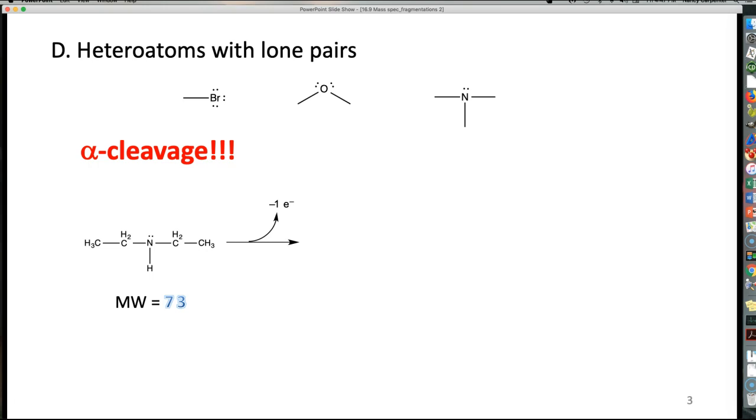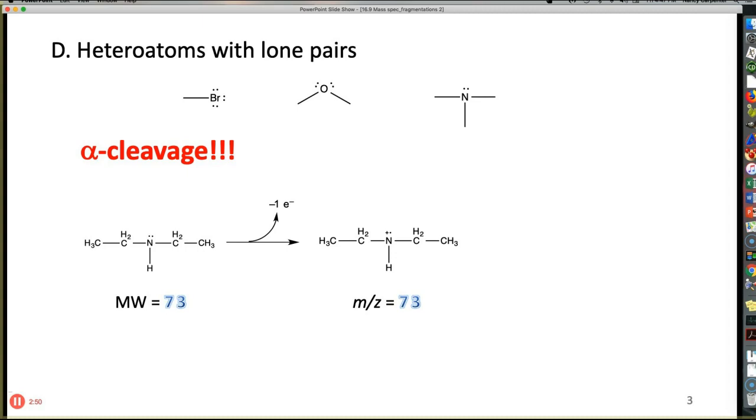When we hit it with 70 electron volts in the mass spec, we lose an electron, and we get this proposed molecular ion, which of course has the same mass. Now it's our mass to charge ratio. So there's our molecular ion. What's going to happen next? Well, alpha cleavage. So what is alpha cleavage?